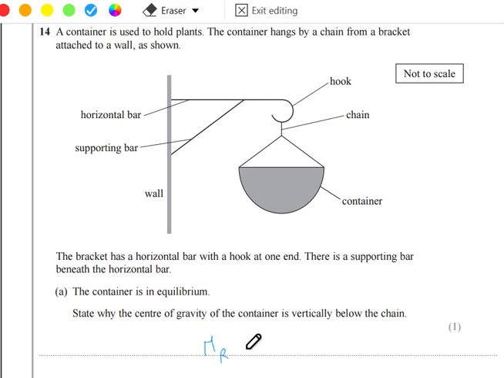To have the resultant moment equal to 0.